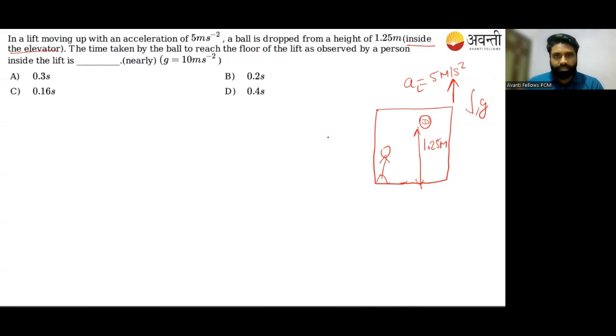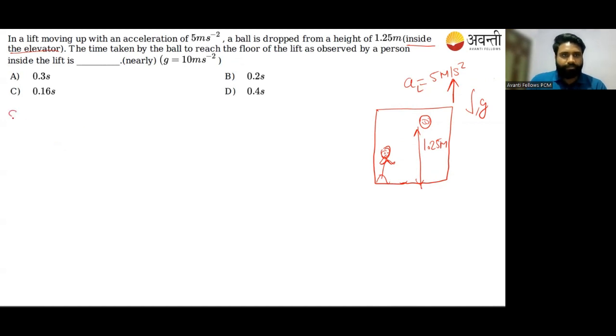So here we have to observe the motion with respect to the lift, because this observer is inside the lift. So we are going to observe this motion with respect to the lift.